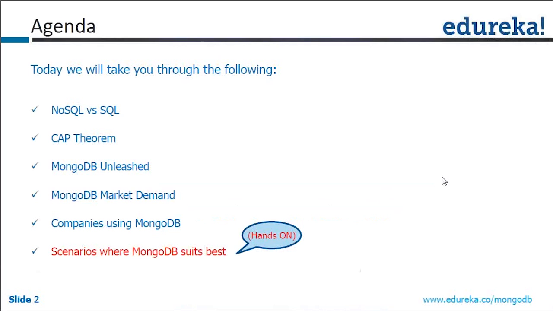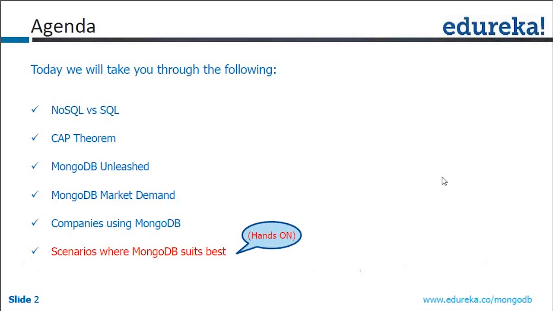So the things that we'll cover in the next one hour are these. We'll see a very quick comparison between NoSQL and SQL. We'll see what the CAP theorem is. We'll see the features that MongoDB provides, which are advantageous for the applications to be built.